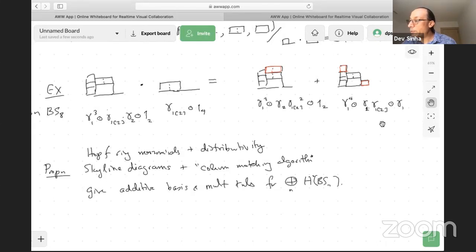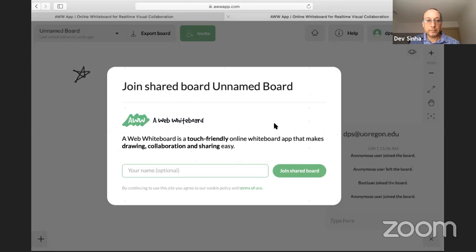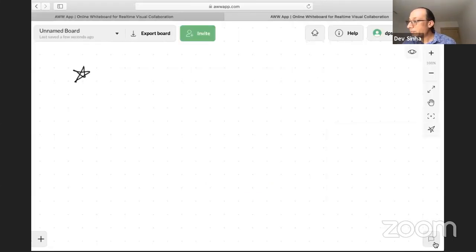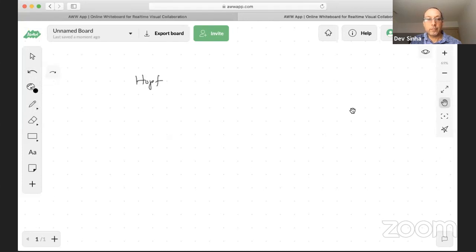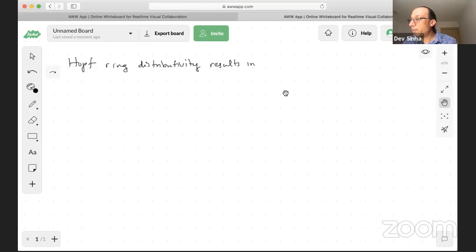Let's maybe switch boards. I want to bring in a parallel story here and make the point that Hopf distributivity can give rise to more subtle relations than just vanishing of products.